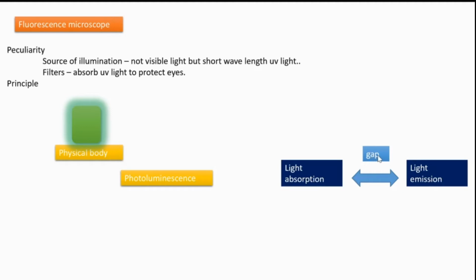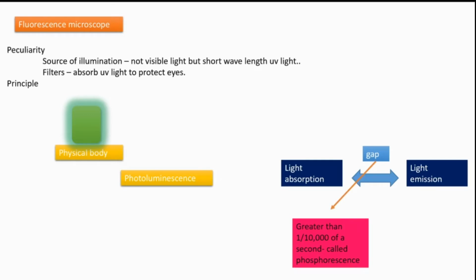Then two more points we need to consider while listening about this gap. First, if the size of the gap, the time lag of that gap, is greater than 1 by 10,000 of a second, then it is called phosphorescence. What is phosphorescence?